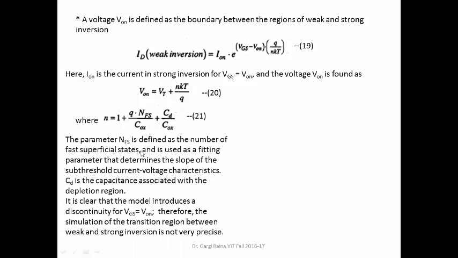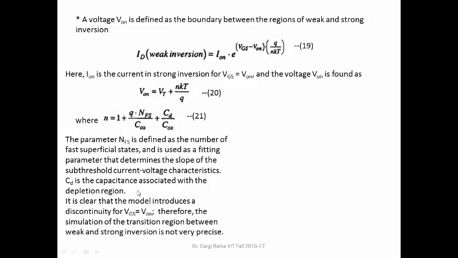The parameter NFS is the number of fast surface states and is once again used as a fitting parameter which determines the slope of the subthreshold current-voltage characteristic. CD here corresponds to the capacitance associated with the depletion region.